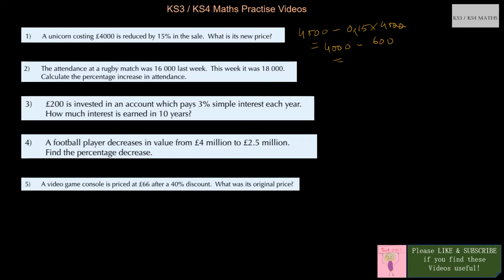So 40 minus 6 is 34. So the new price is 3,400.